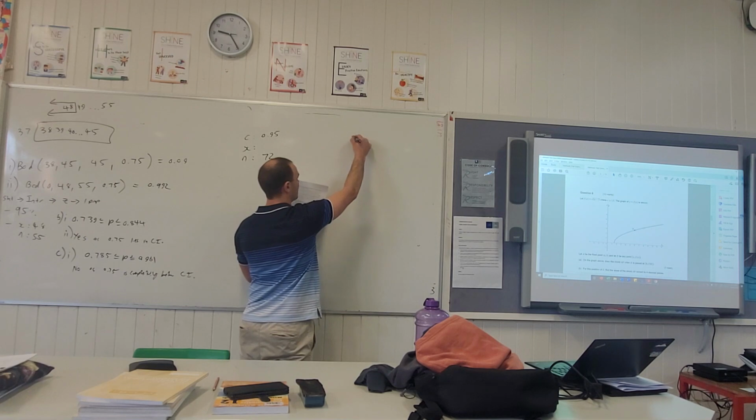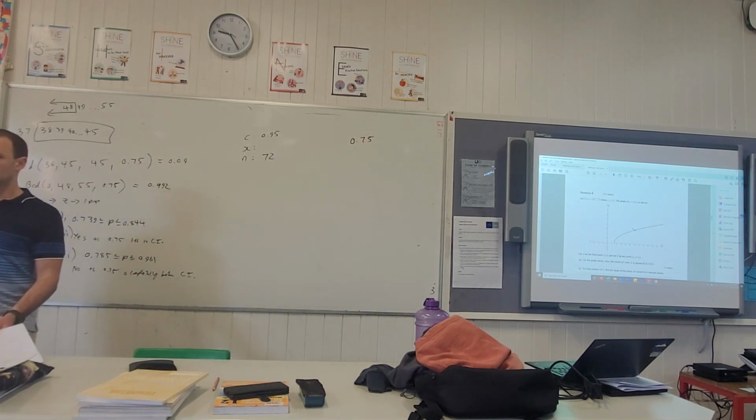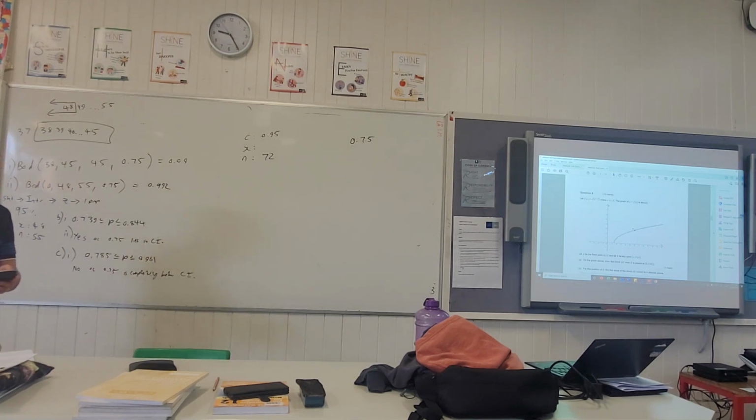Now, the newspaper claim is 0.75. So if we keep changing this, I'm going to do it so I can write a distribution up, since I didn't write any down. Let's start with 50.